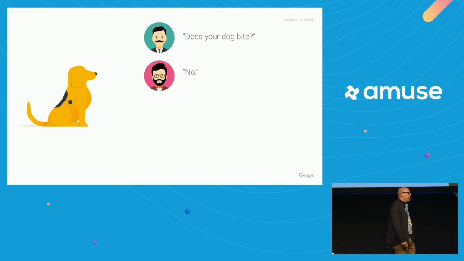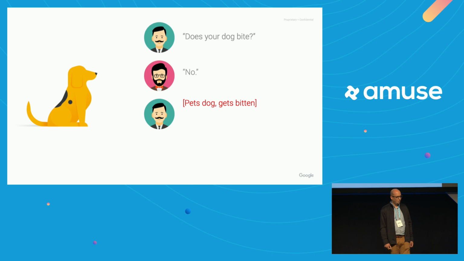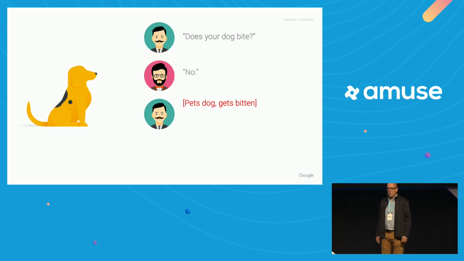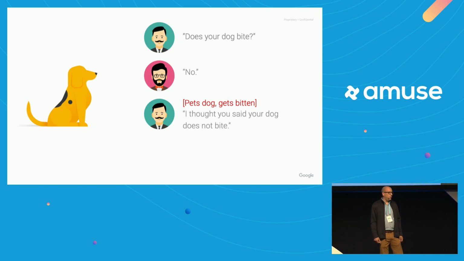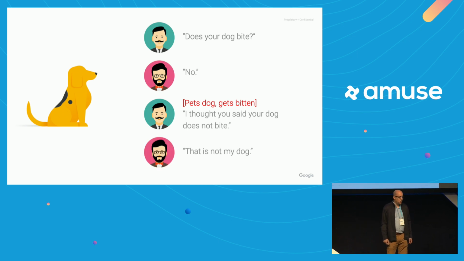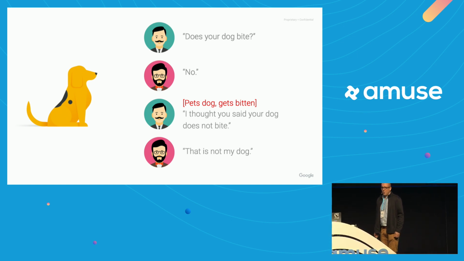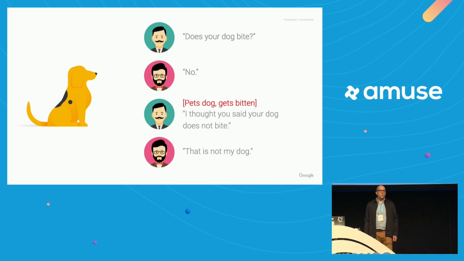And the man behind the counter says, "No." So Inspector Clouseau reaches down to pet the dog and gets bitten. So he says to the person behind the counter, "I thought you said your dog doesn't bite." And the man behind the counter says, "That's not my dog."